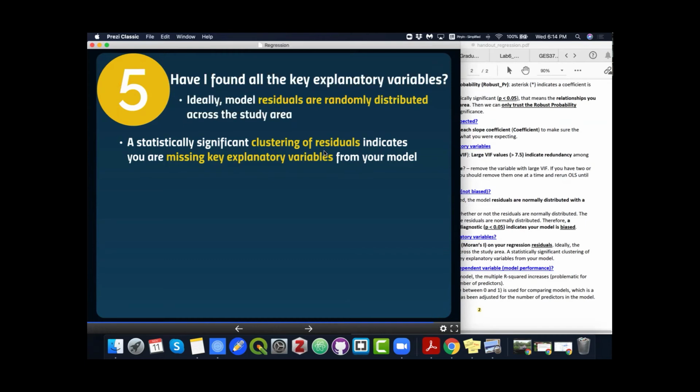Looking for explanatory variables depends on your empirical knowledge of the problem and the study area, but the statistics will give you a sense that maybe there are some missing variables. To determine whether there's clustering, we'll be running the spatial autocorrelation, the global Moran's I.